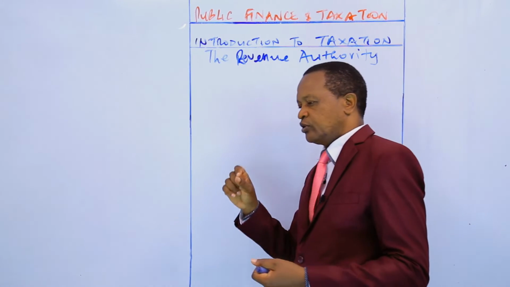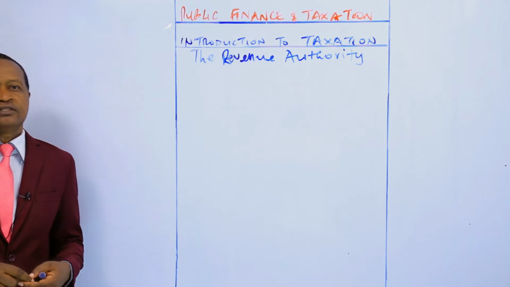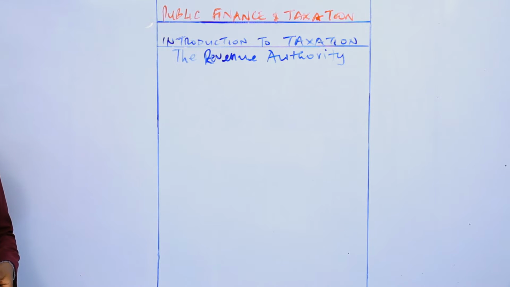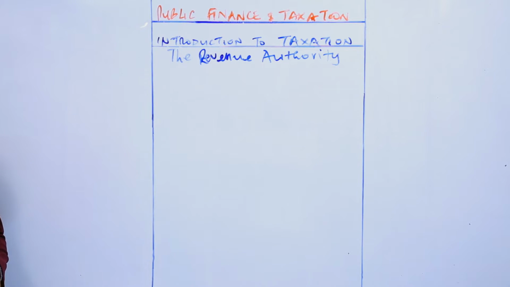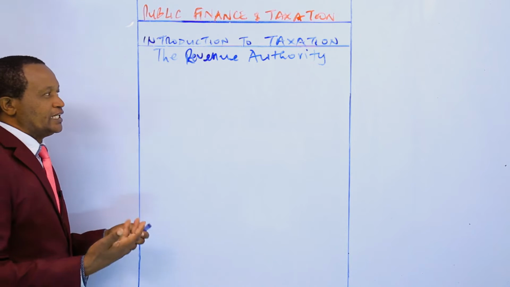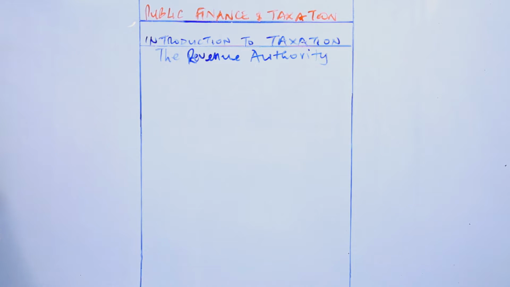This authority is established by an Act of Parliament, Chapter 469 of the Laws of Kenya, effective from 1995. And the authority plays a crucial role in financing government's budget and facilitating economic growth.